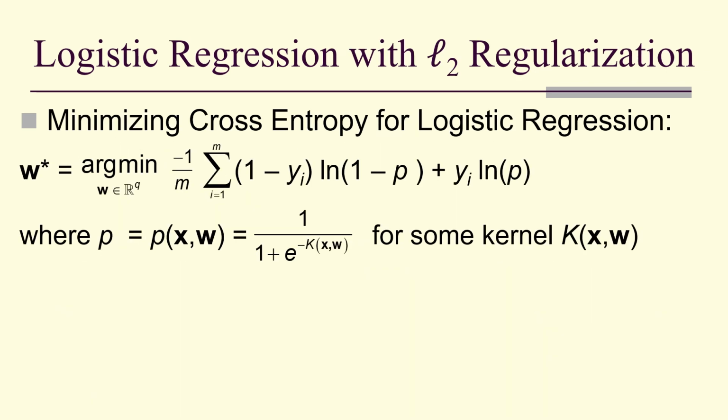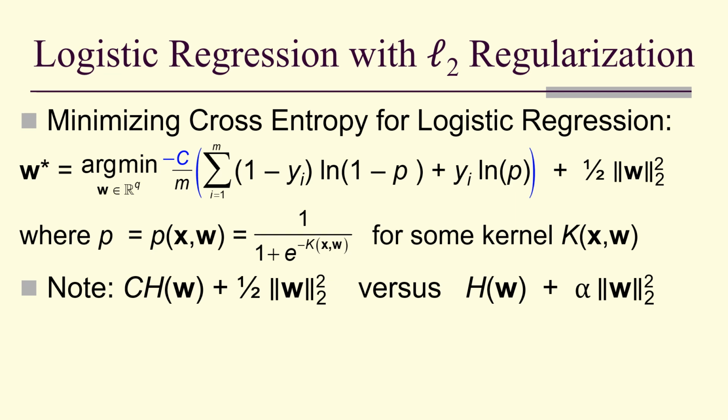So here is our problem of minimizing cross entropy for logistic regression. And I add an L2 regularization term. Notice that I don't have a parameter in front of the regularization. Instead, I have a C in front of the objective.